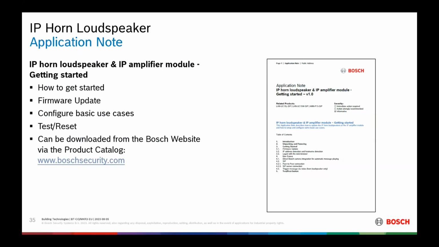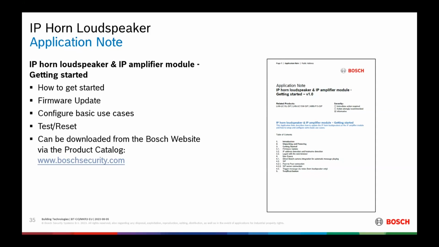On the example of the wide-angle IP horn loudspeaker, it is described how to update the firmware and configure some basic use cases, like a direct Bosch camera integration using the alarm task script language, two SIP examples, one peer-to-peer and how to connect to a SIP server, and how to trigger a message via noise.